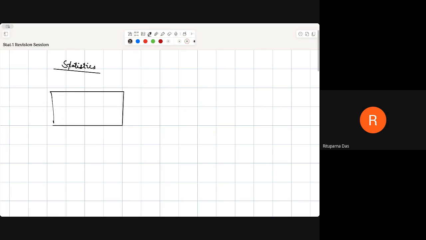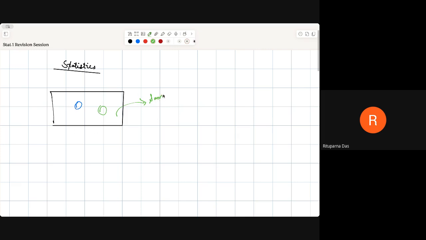Say the population has got yellow balls and green balls. When we take a sample out of it, a sample will be a subset of the population. So the sample will also contain yellow balls and green balls.